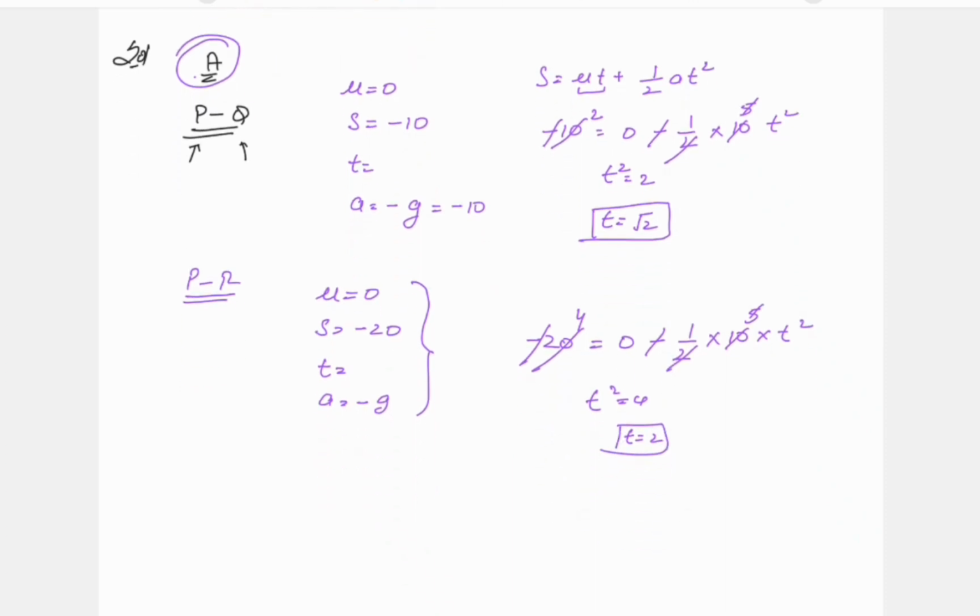Let's see, for ball A, P to R is 2 seconds and P to Q is root 2 seconds. Then what is the time taken by the ball to reach Q to R?